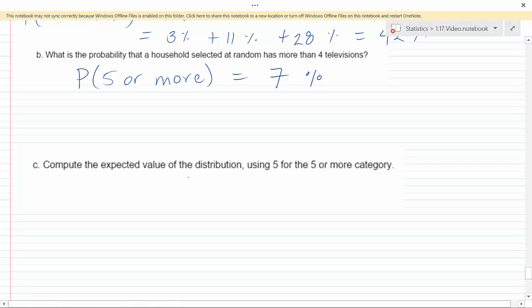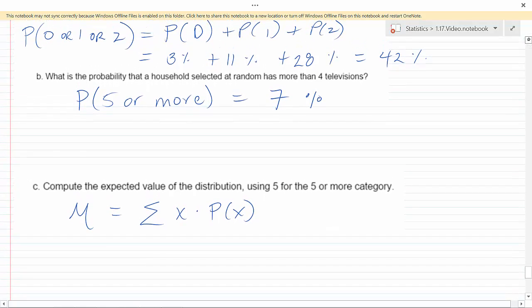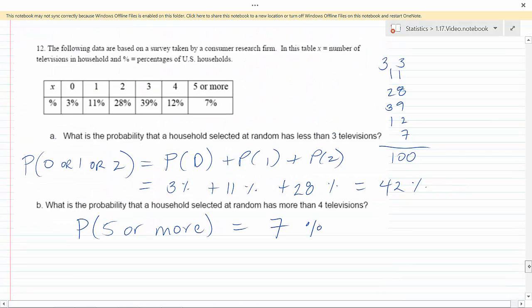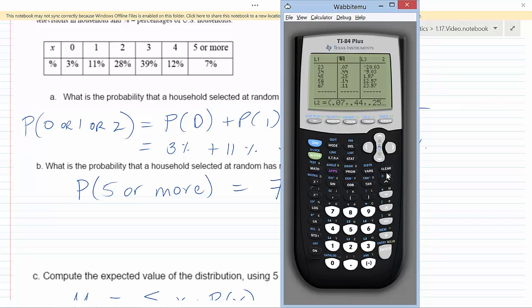And since this is a regular probability distribution, the expected value is the sum of all x times p of x values. And I'm going to want to get out my calculator and look at the lists in order to do this. So first I'm going to clear my lists, and then I'm going to put my x values in L1.